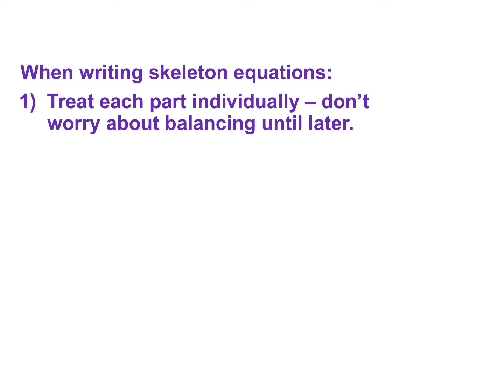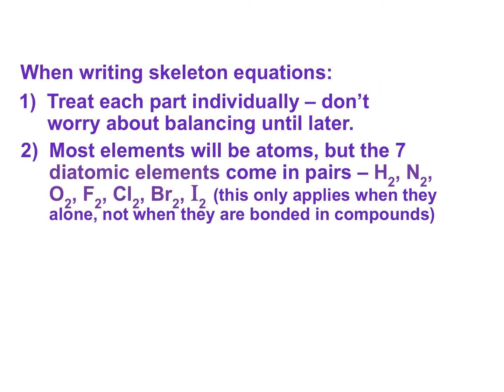So when we are writing these equations, when we're writing skeleton equations, these are just kind of outlines. We have 3 steps, and our first step is to treat each part individually. Don't worry about balancing until the very end. Our second step is that most elements will be atoms. These will be single atoms by themselves.